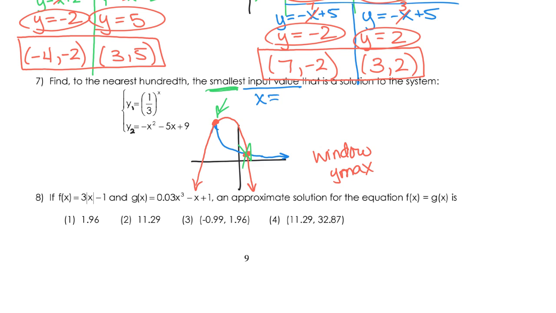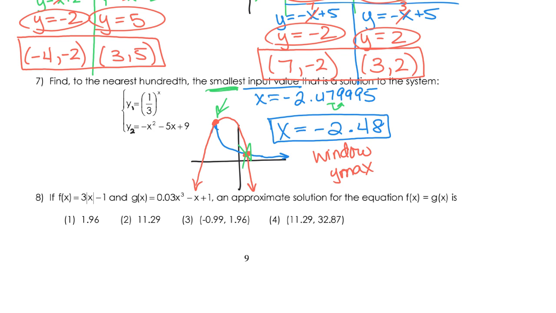Right at the bottom, it spits my answer out, and it says that x equals negative 2.479995. They said to the nearest hundredth. Hundredth is the second decimal place. Look next door, and it's going to change it. And so we'll say our answer is x equals negative 2.48. And there's our answer.